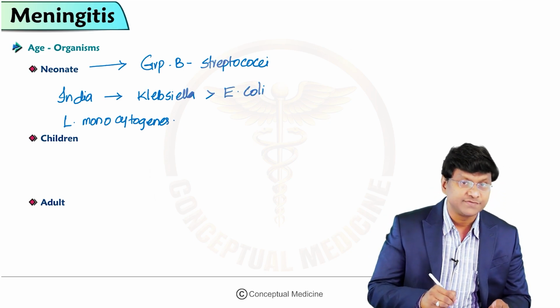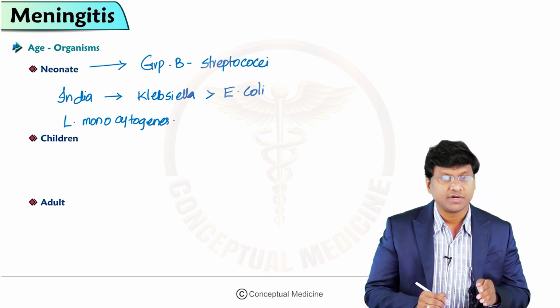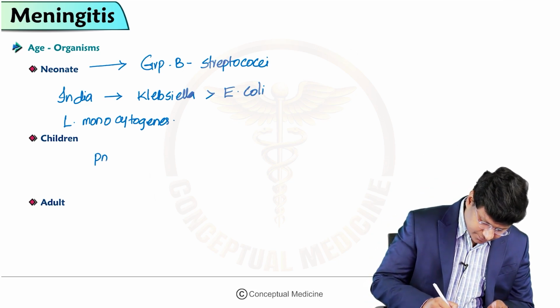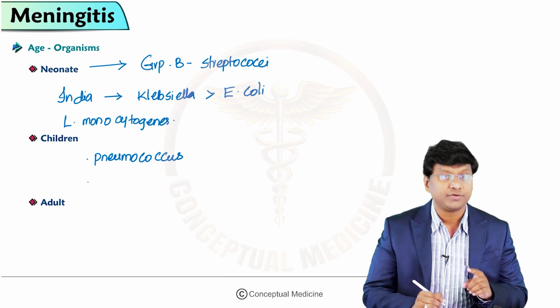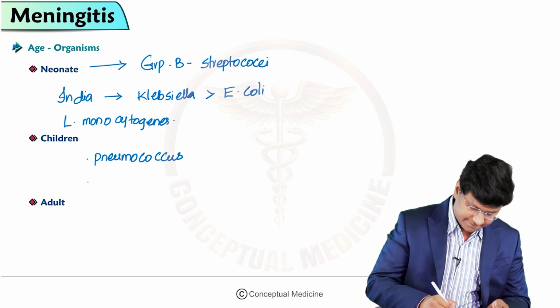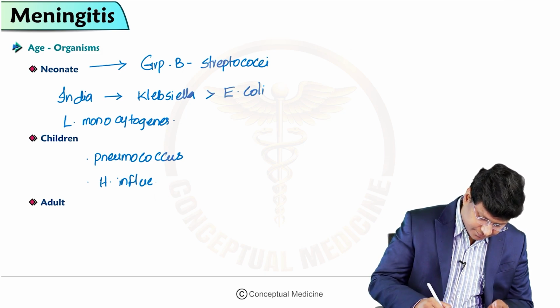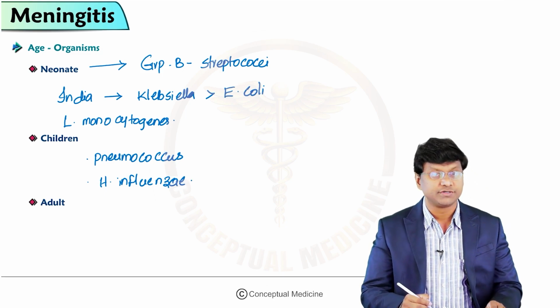Whereas in children, the organisms causing meningitis will be pneumococcus, followed by Haemophilus influenzae. These are the organisms which cause meningitis in children.